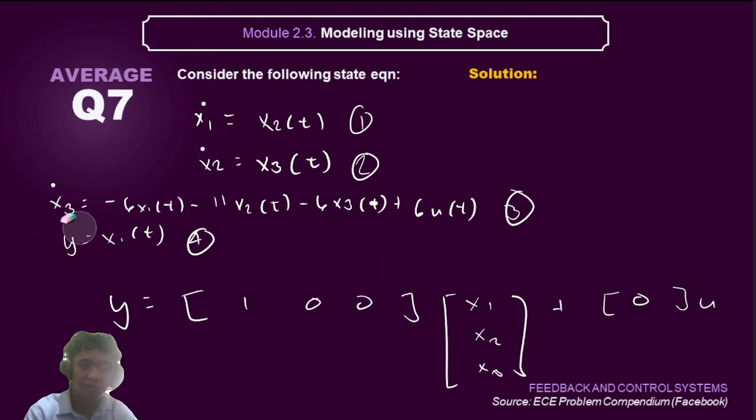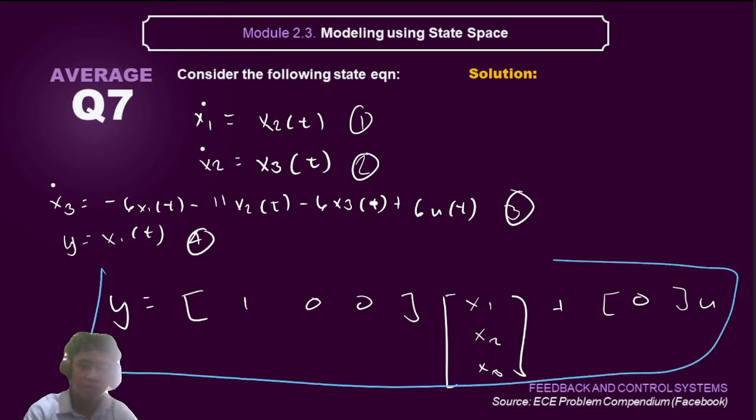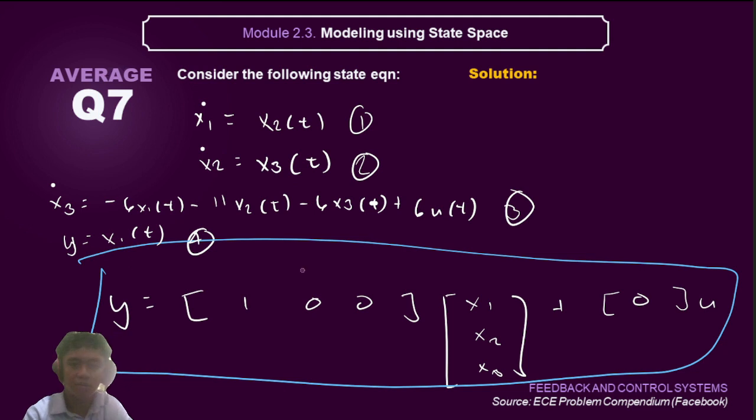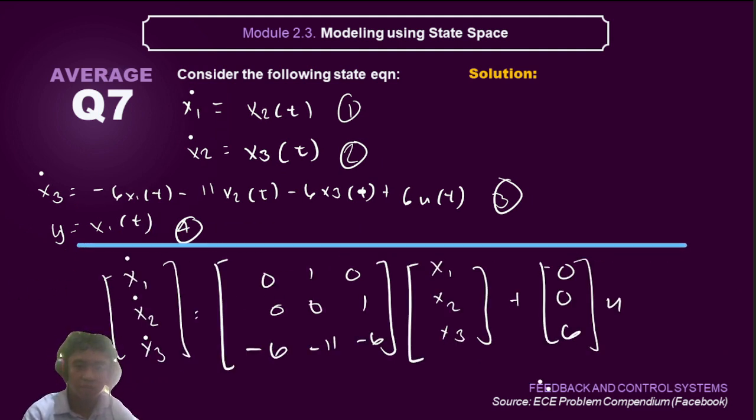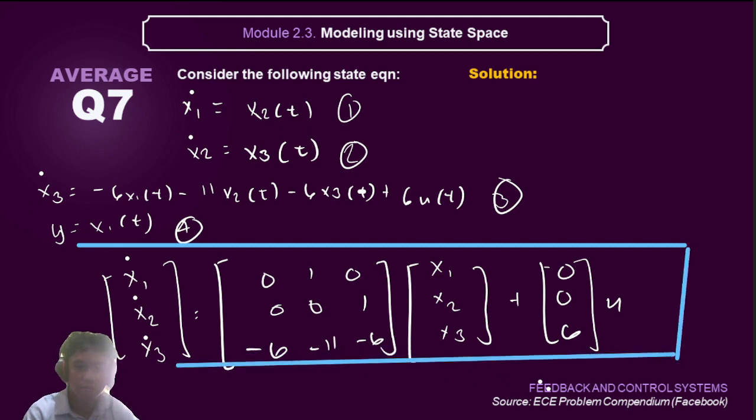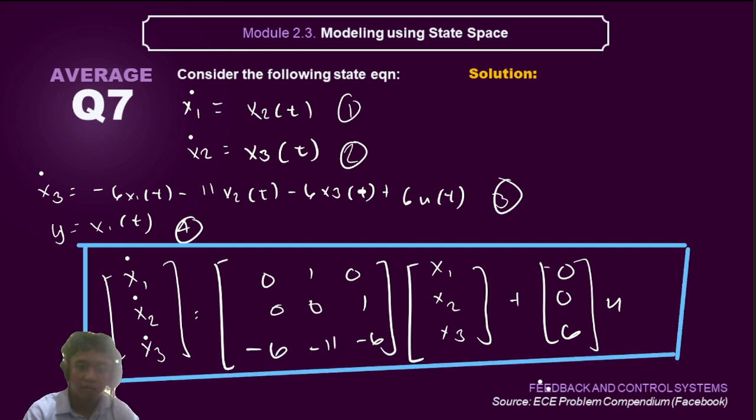And the final answers would be these. This is for the output equation, and this is for the input state space equation. That would be for the third supplementary problem.